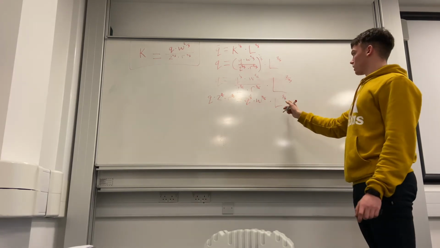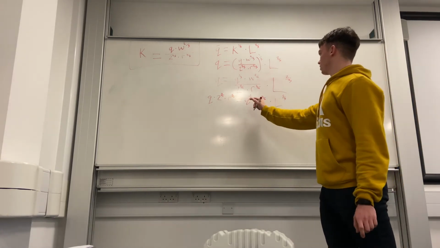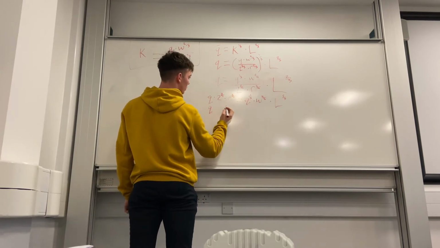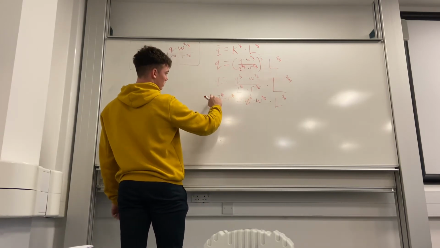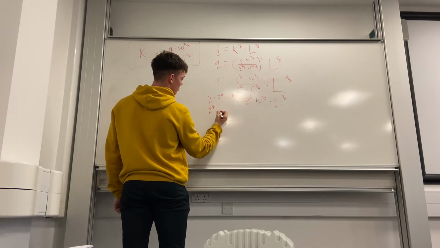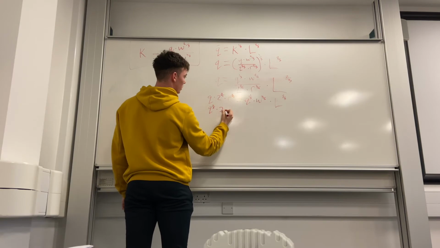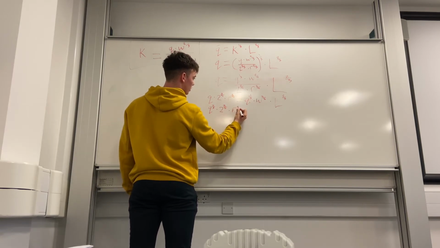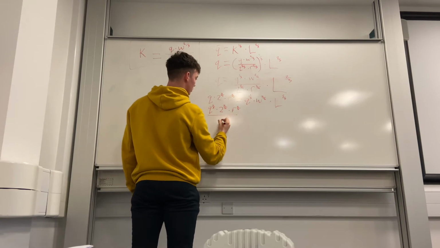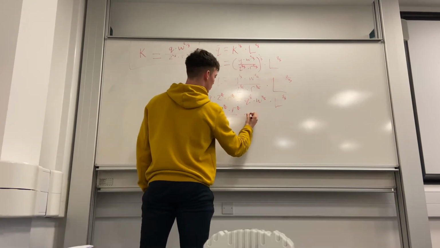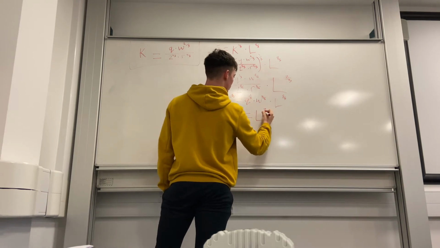So we want to make L the subject, so we bring over Q and W to give us Q, and we can subtract from the power here. So 1 minus a third is Q to the power of 2/3 multiplied by 2 to the power of 2/9 multiplied by R to the power of 2/9 all over W to the power of 2/9 equals L to the power of 2/3.